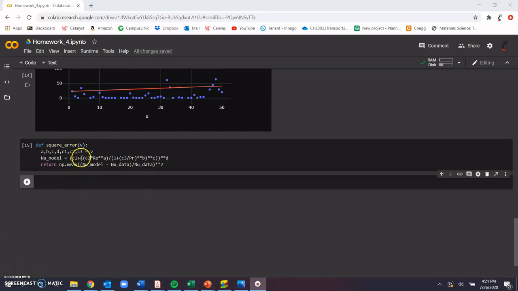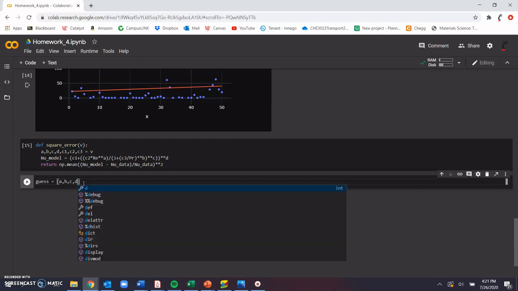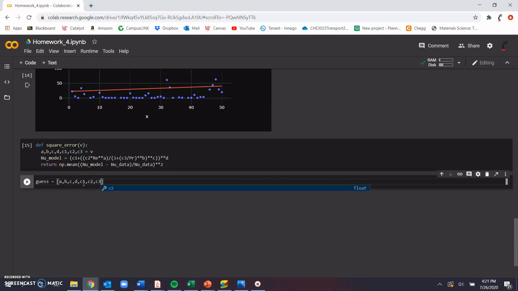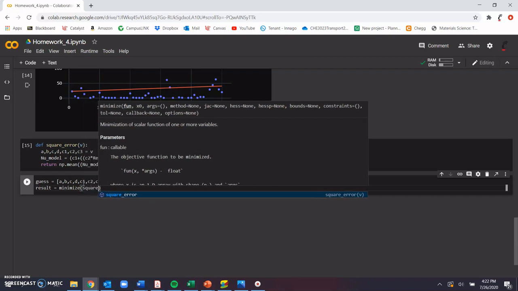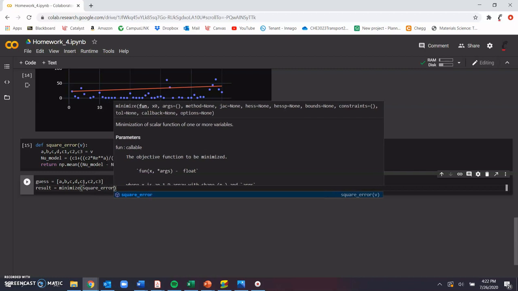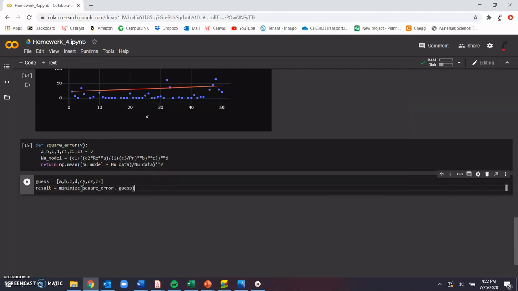So now we want to go ahead and minimize our square error. So we need to first give a guess. We'll just do our first guess based off the values that were given in the problem. So A, B, C, D, C1, C2, and C3. And then our result will minimize our defined square error function in relation to our initial guess.